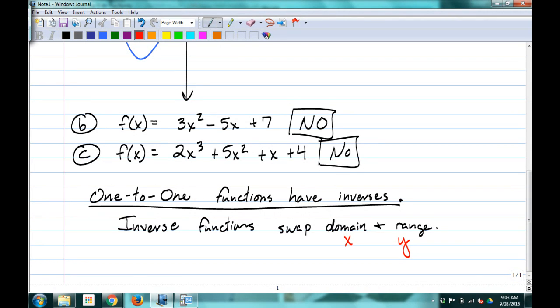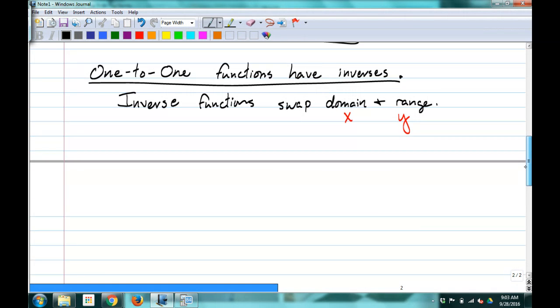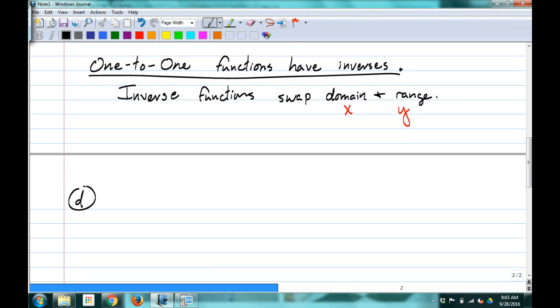So when we're looking at functions, we need to decide, are they one-to-one? And then decide, if they're one-to-one, what's the inverse of that?